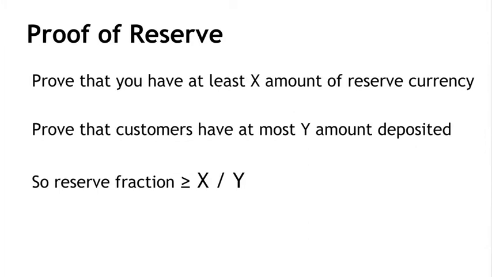So what that means is that the reserve fraction is, if they report it exactly accurately, X over Y. If in fact X is larger, then the reserve fraction is larger than they're claiming. Or if Y is smaller, then the reserve fraction, because this is in the denominator, is also larger than they're claiming. And so when they prove an X and prove a Y this way, you can guarantee that the actual reserve fraction they're holding is at least as big as what they're claiming. And therefore they can prove a reserve to you.